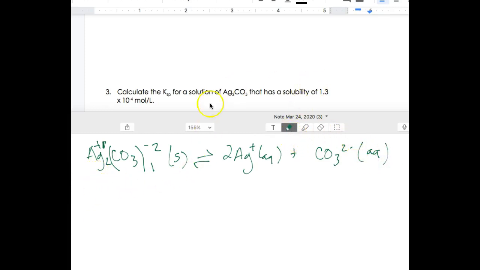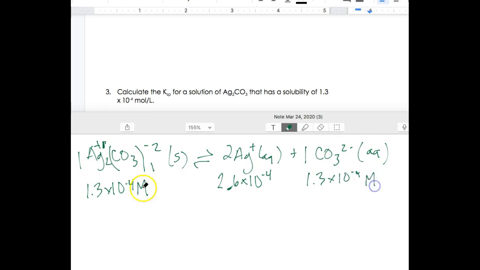Okay, when you read the question, it says that our solid is soluble at 1.3 times 10 to the negative 4. That is the concentration that is going to dissolve. But for every one of these, you're going to produce 2 silvers. So this is going to be 2.6 times 10 to the negative 4. And here it's going to be a 1 ratio, so it's going to be the same as this guy, 1.3 times 10 to the negative 4. Okay.